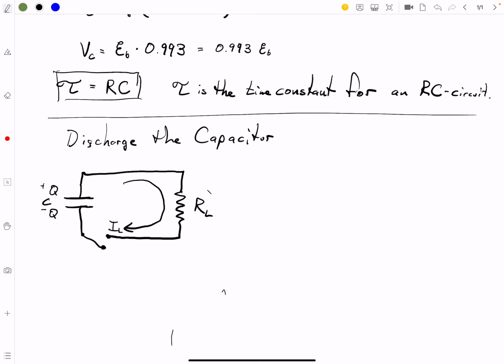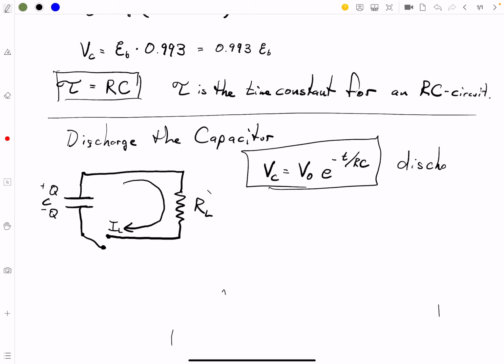There's calculus involved with this as well, but the voltage of the capacitor is going to decline. It's going to go down. It's initially V0, but it's going to decline by e to the minus time over RC. So this equation is the discharging equation, and the graph looks like this.